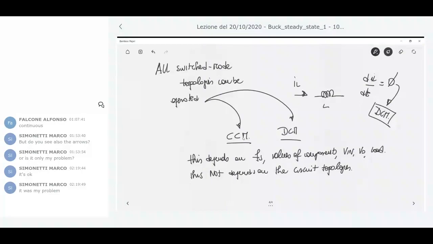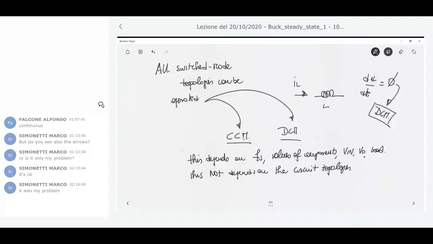If the current flowing through the inductor is always higher than 0, always different from 0 for the entire duration of the switching period, then you can say that this converter is operating in continuous conduction mode.